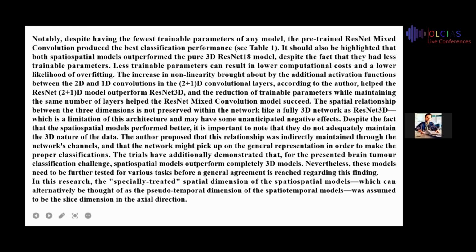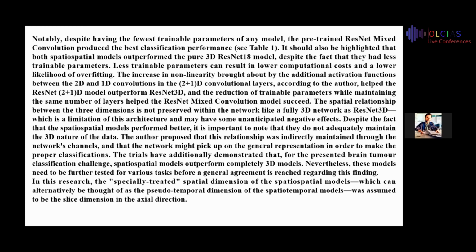Notably, despite having the fewest trainable parameters of any model, the pre-trained ResNet Mixed Convolution produced the best classification performance. It should also be highlighted that both spatial models outperformed the pure 3D ResNet 18 model, despite the fact that they had fewer trainable parameters. Still, fewer trainable parameters can result in lower computational cost and a lower likelihood of overfitting.